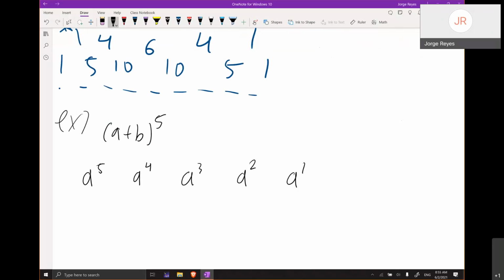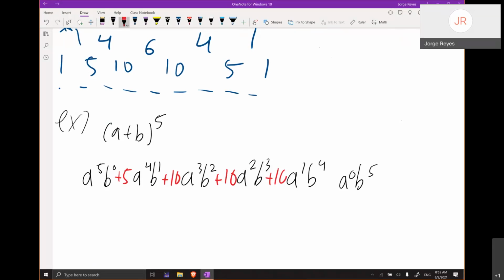So technically this is b0, b1, b2, b3, b4, b5, because technically this is a0, okay? And then you put the Pascal's numbers in between. So plus 5, plus 10, plus 10, plus 5, just kidding. And then this is plus 1, because this is a 1 too. Okay? And that's honestly how you do it.